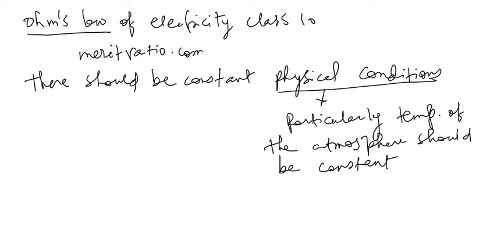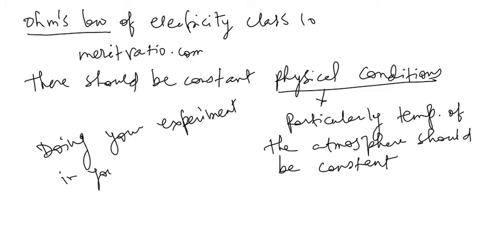You are taking different readings by increasing the number of cells in the circuit and writing the readings in your notebook, as well as decreasing and writing the readings in your notebook. It is very important. If you are doing this experiment in your AC room, and the AC room temperature is 16 degrees Celsius, this should be constant.